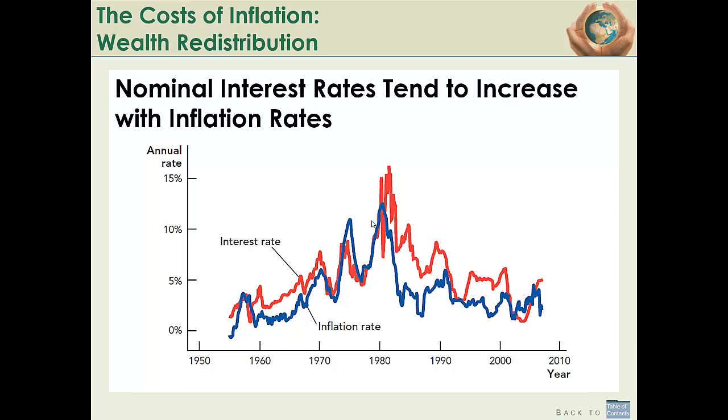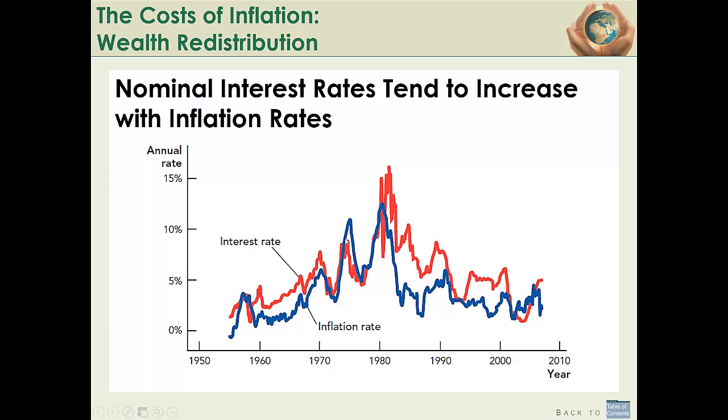Consider the evidence supporting the Fisher effect. In this graph, the blue series represents the actual inflation rate. The red represents the nominal interest rate. So whenever the nominal interest rate lies above the inflation rate, the bank is earning a real rate of return.